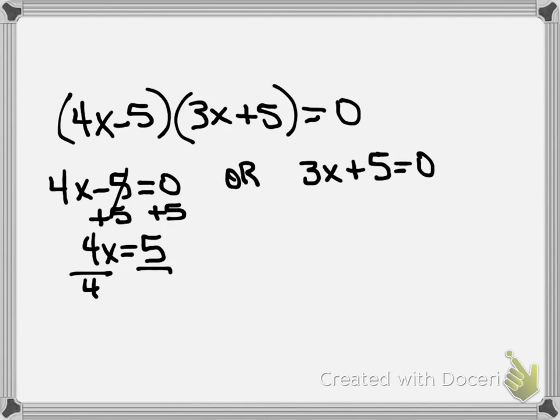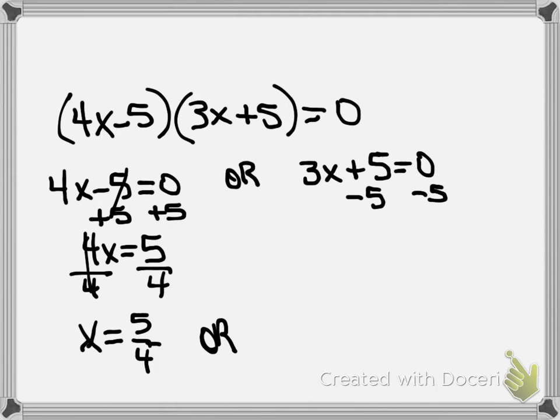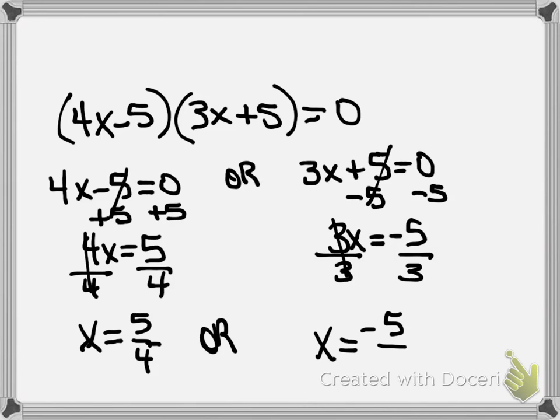You're going to solve these using all the things you have already learned how to do that you're very good at by now. And it's okay to have fractions. Leave them in fraction form. Just make sure they're simplified.